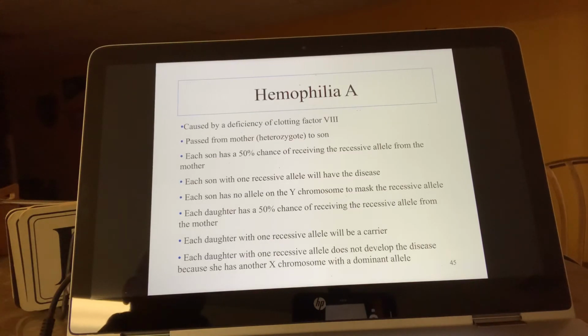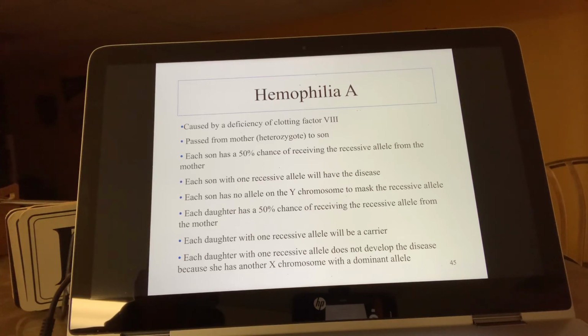Hemophilia A is an X-linked recessive disease, which means that, again, if the mother is a carrier, she can pass that on to half of her sons. Each of her sons, if the father is normal, has a 50% chance of receiving the recessive allele from the mother. Since the son does not have an allele on the Y to mask it, half of their sons will show the disease.